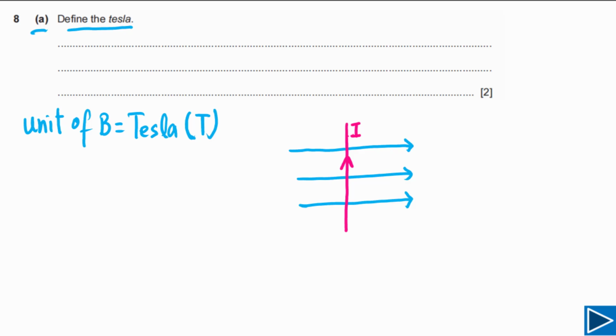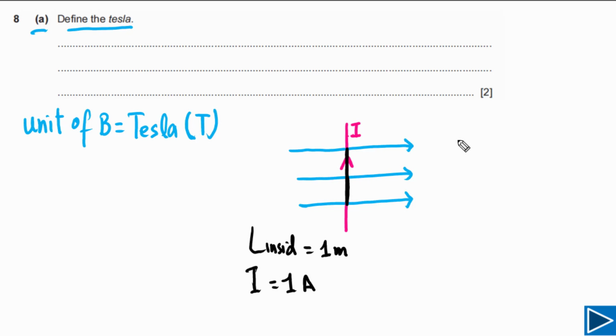Let's say the length of the wire inside the magnetic field, L, is equal to 1 meter, and the current in the wire, I, is equal to 1 ampere. Then we can define magnetic flux density.